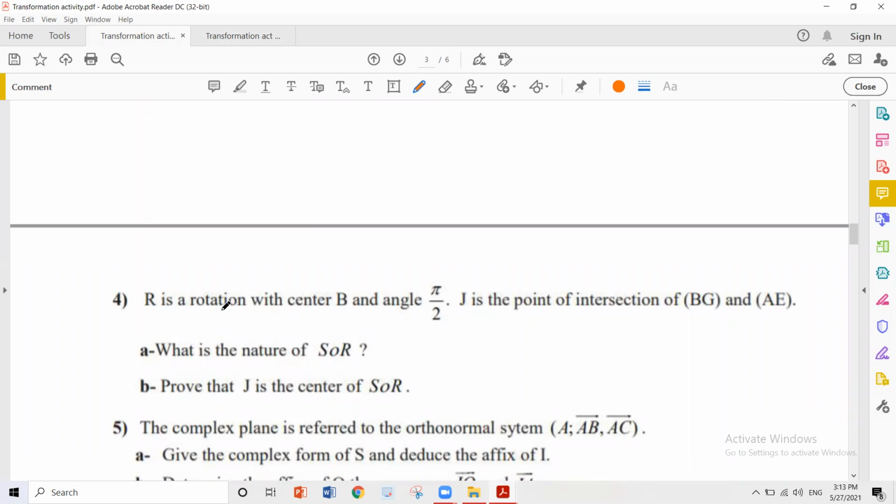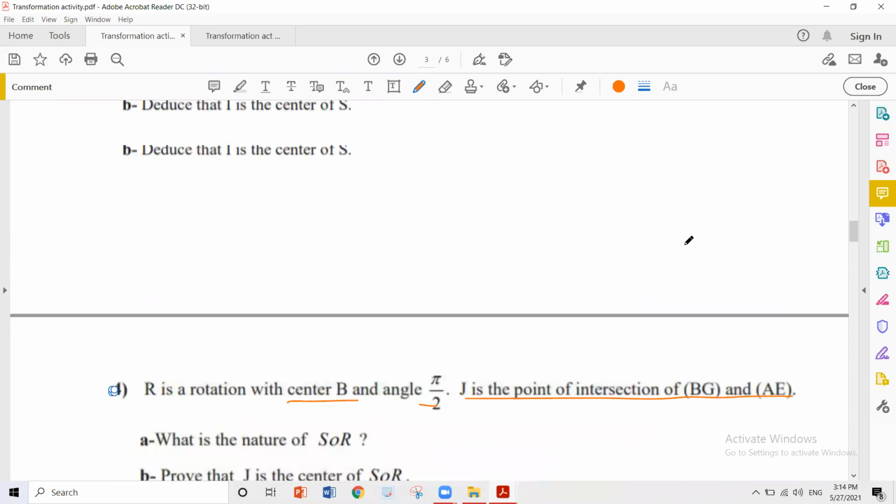Let R be a rotation with center B, angle pi over 2. J is the intersection point of BG and AE.